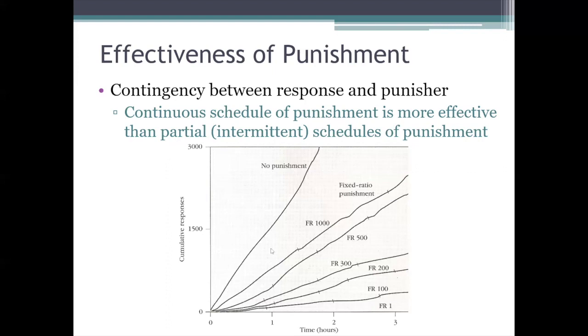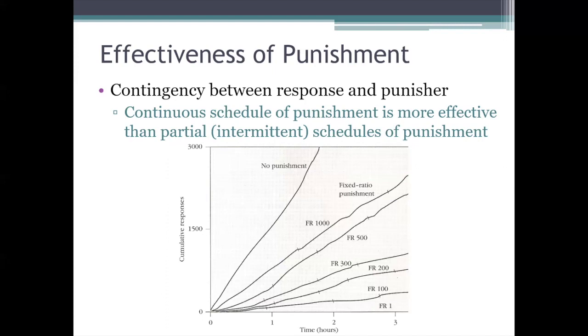So, for example, this graph is a cumulative record from a study where pigeons first pecked a key for food on a variable interval schedule of reinforcement, and then each pigeon was also placed on one of several different fixed ratio schedules of punishment. And so those pigeons still got food on the VI schedule of reinforcement, but now every so many key pecks would also result in a punisher, an electric shock.